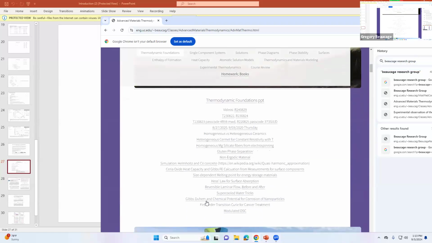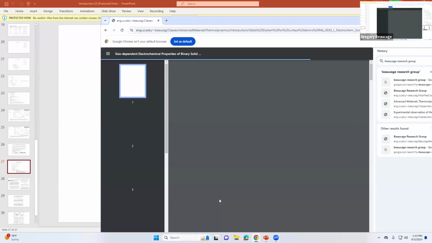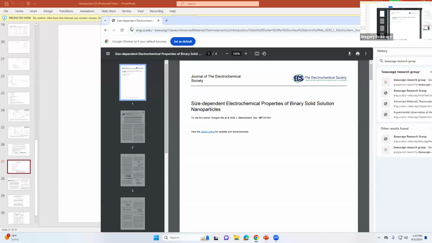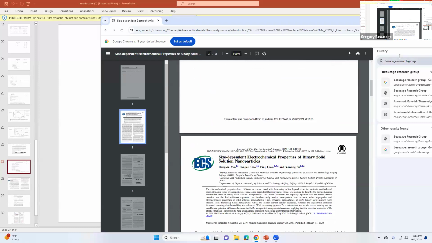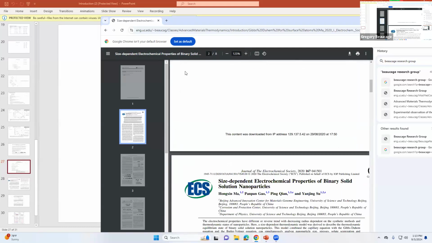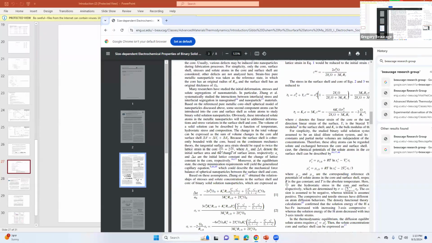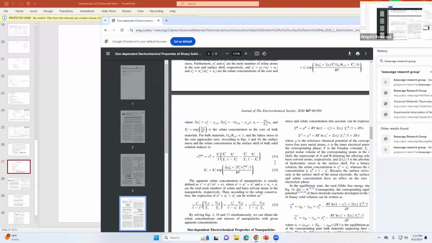This is what I want. So this guy's looking at corrosion. Let's see, this was a homework once, but I thought it was too hard and gave up on it.